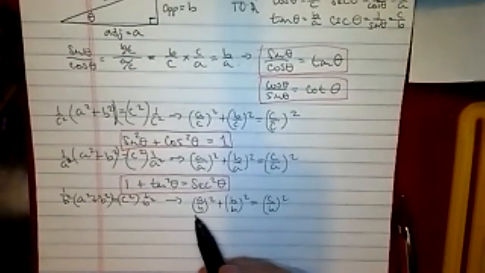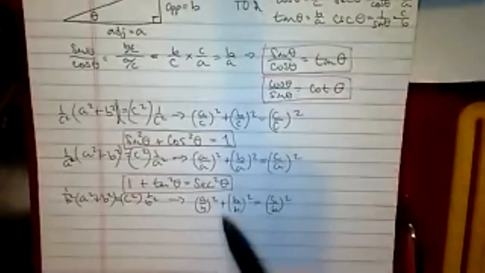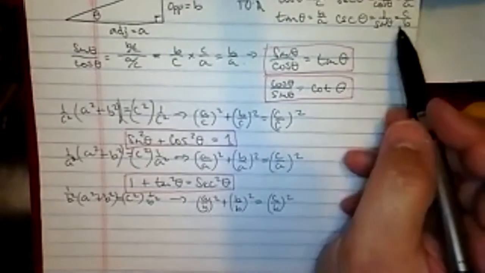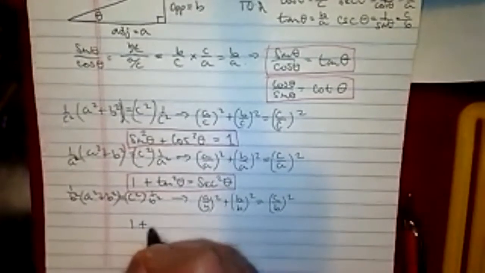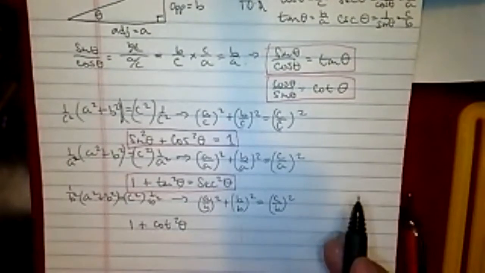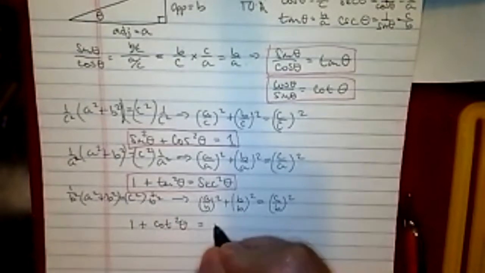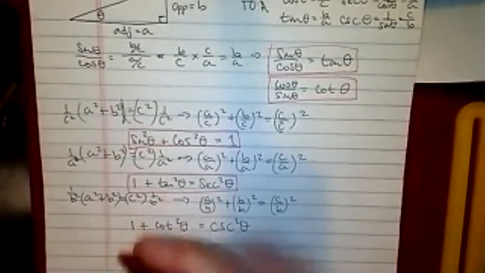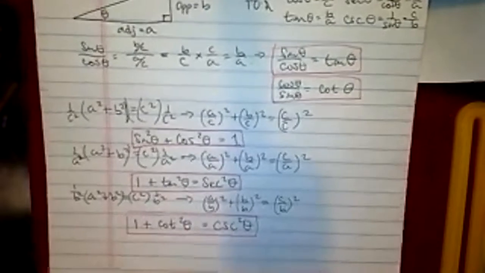This a over b, you'll notice, is in fact cotangent squared. This b over b is 1, and this c over b is cosecant squared. So we've got another one. I'm going to write it the same way I did before: 1 plus cotangent squared theta, since a over b was the cotangent, is equal to cosecant squared theta. So we've now gotten 5 different identities just from these basic equations.